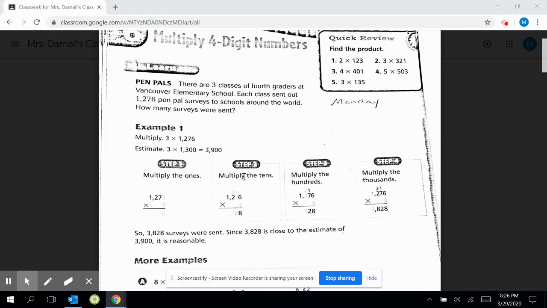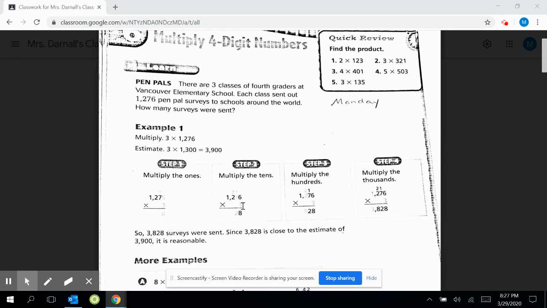Step 2, multiply the tens place. And so now we're going to come over to the 7. It didn't show up very well here on my copy, so this may be a little difficult for you to understand.